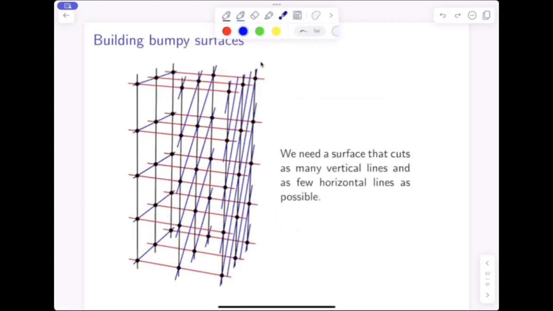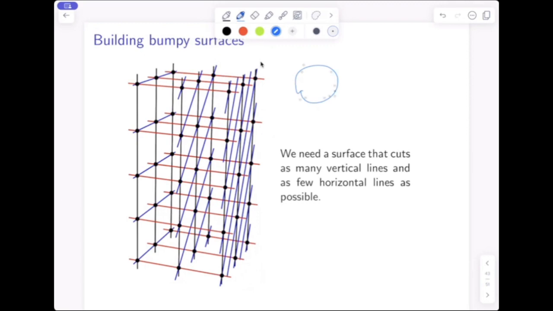Well, we need to modify our set. We had this set D, which was a ball, and we saw that it preserved horizontal lines pretty well, but it collapsed vertical lines, basically because the number of times that it crosses these horizontal line segments is relatively large, but the number of times it crosses these vertical line segments is too small.